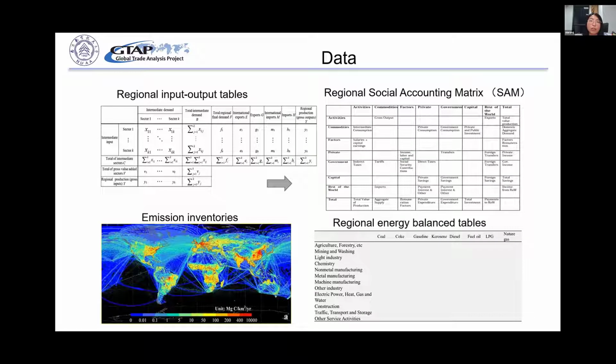We combined the multi-regional input-output tables with other Chinese statistical yearbooks to build a 30-region SAM table. And then we also combined the emission data from the PKU inventory and the energy balance tables to provide regional and sectoral air pollution accounting.